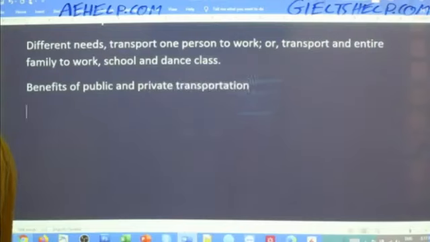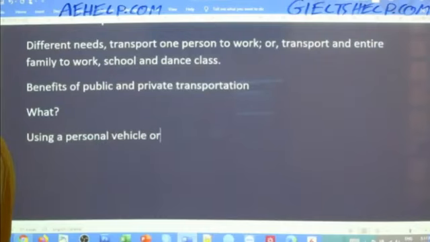Here the what is really important and simple: using a personal vehicle or mass transit. Okay, so that's fine.